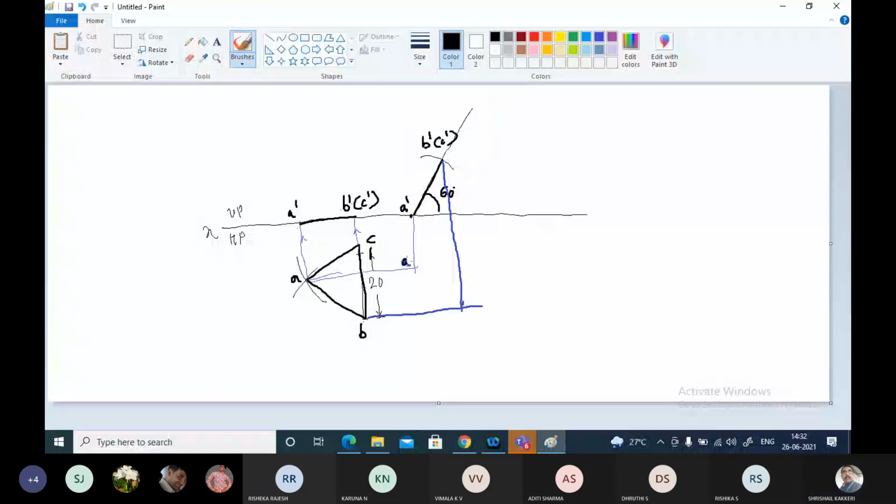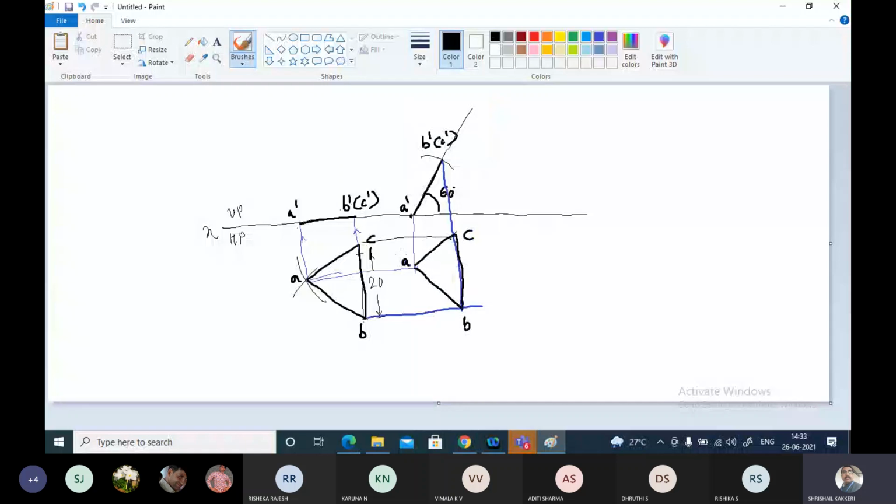Then it is point B. And similarly, take point C. C is coming on this itself. This is point C. So join A to B, B to C, C to A. This is what we got.